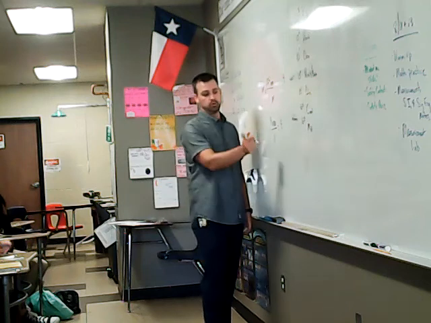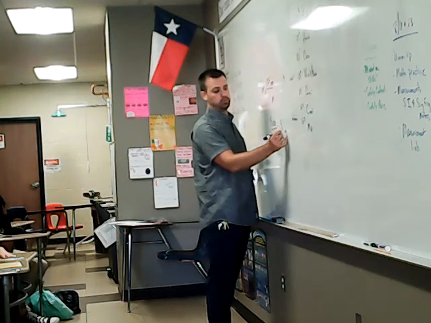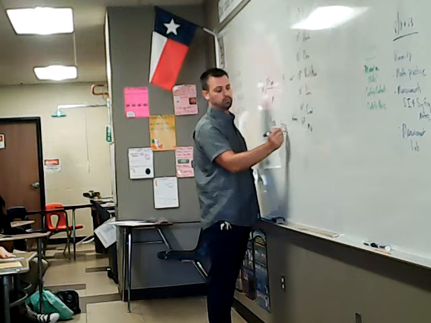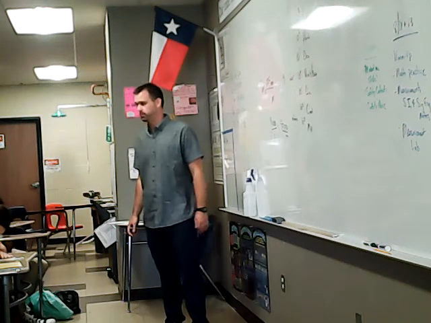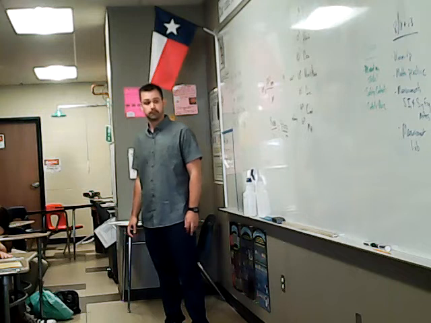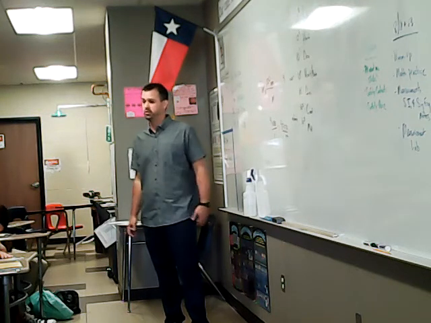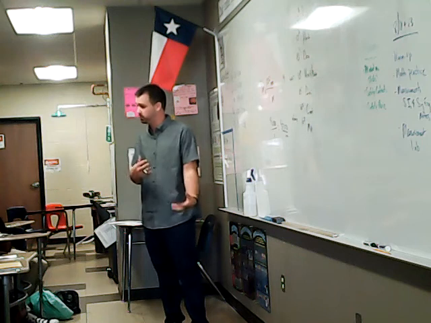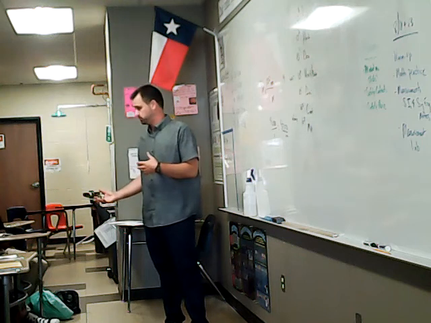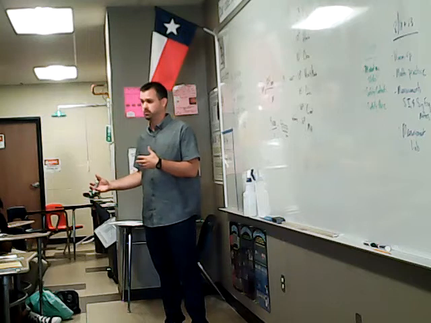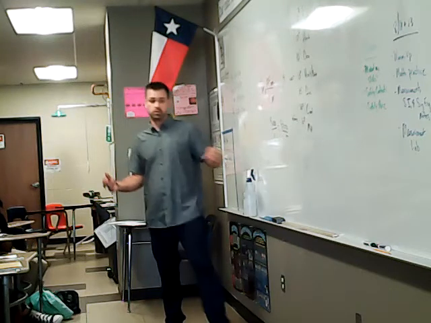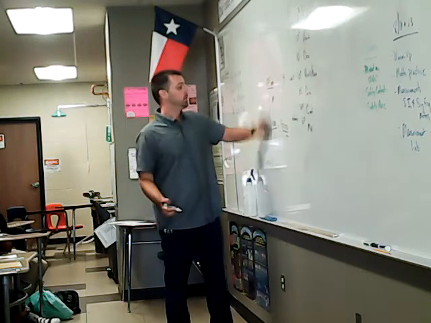I have 3 zeros, so I move it 1, 2, 3. 4,000 millimeters in 4 meters. This is the skill that you will have to do without any of these conversion tables or calculator. Just so you know what the end goal is for this part of the unit.